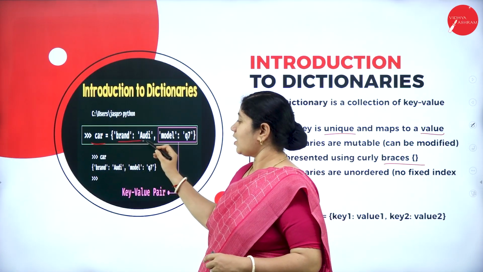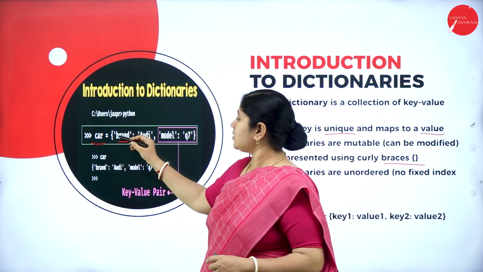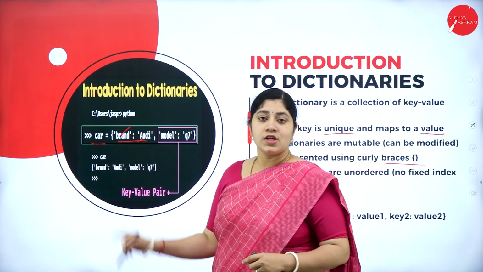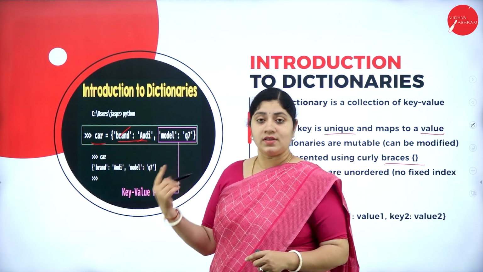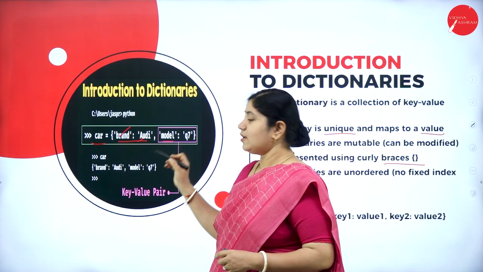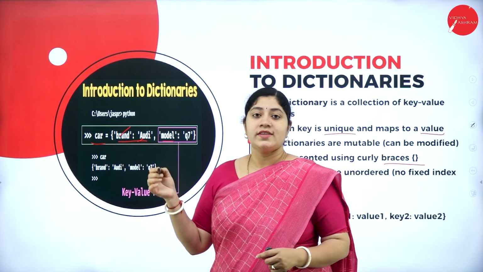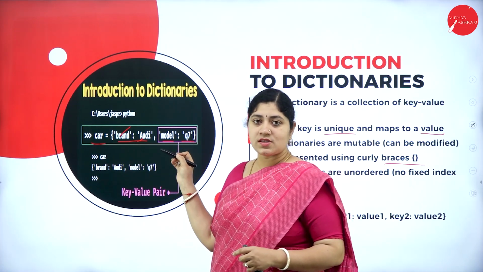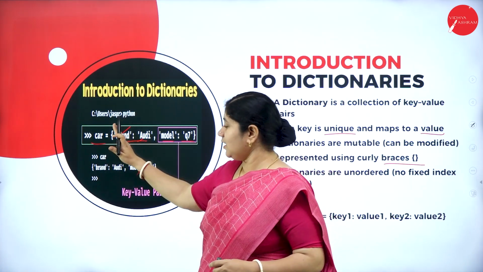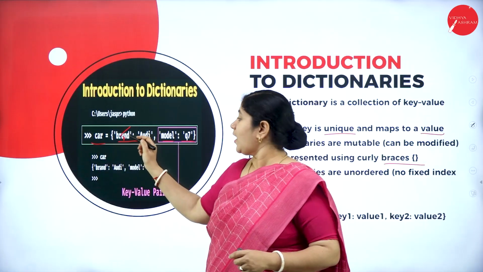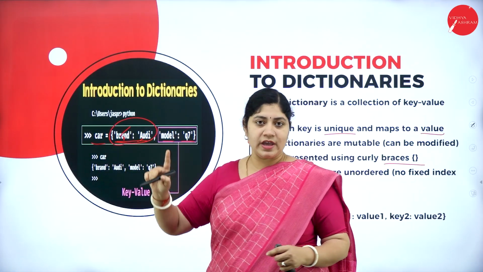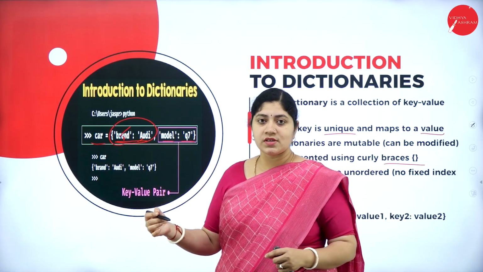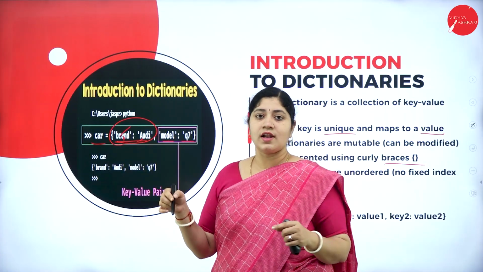The brand of the car is Audi. So this is a key and this is a value pair. That's our first key value pair. The next one is the model. The model is Q7. So this is a small example of how we can consider a key followed by a value and thus it forms one pair for us. It is represented inside curly braces.